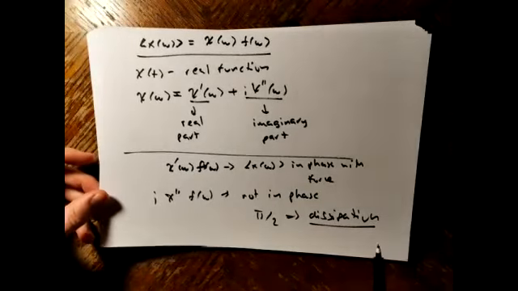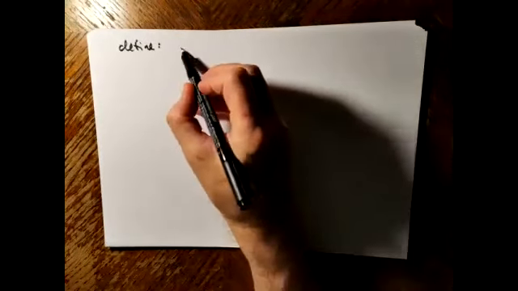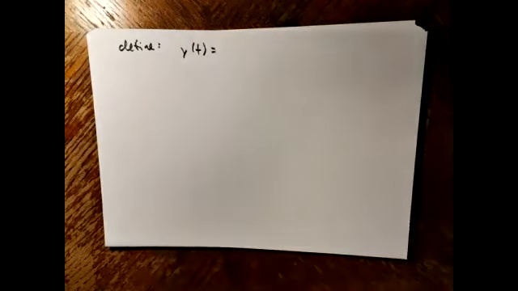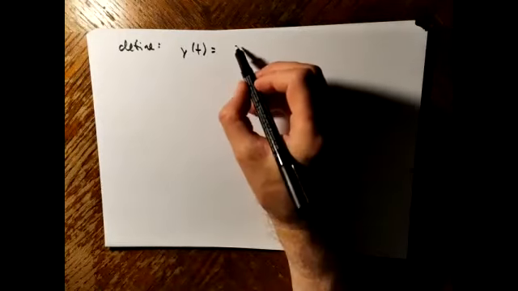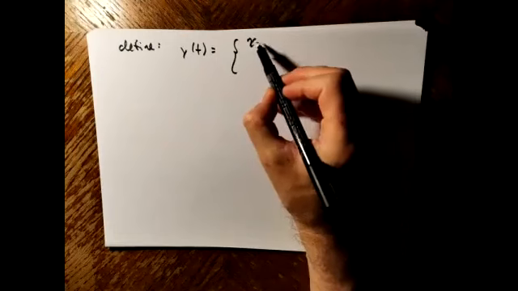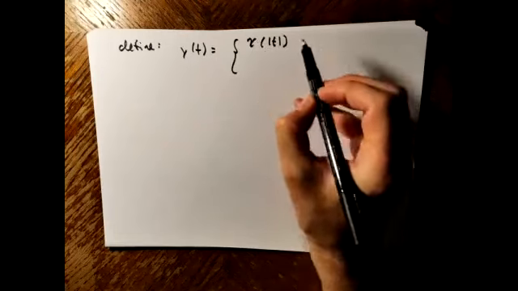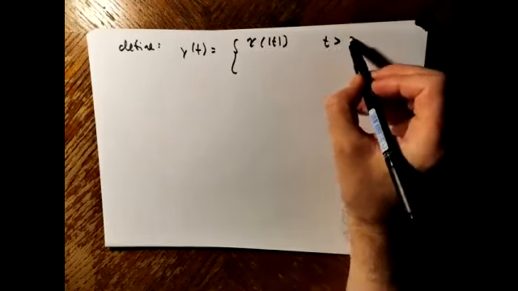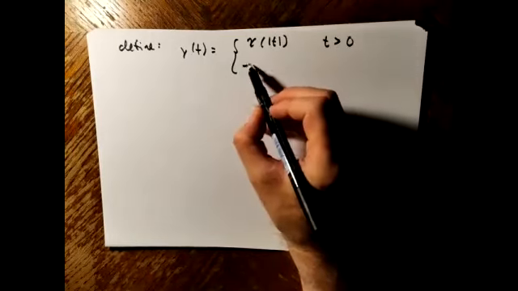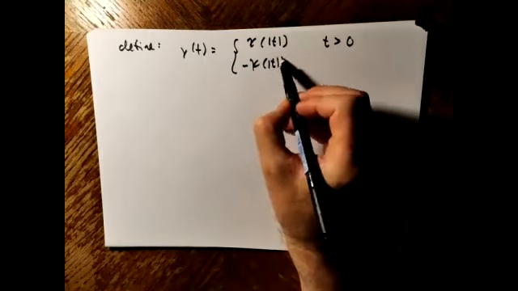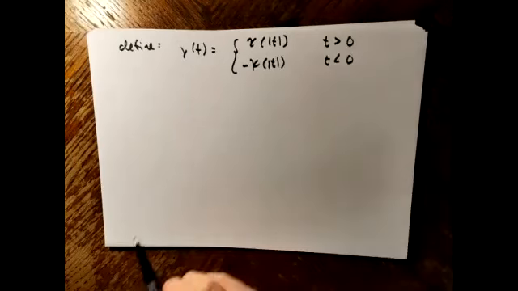Now what we want to do is investigate how these two are related, and the way we're going to do it is to first define a function y of t. What is this y of t going to be? It's going to be chi of t when t is greater than 0, but minus chi of the absolute value of t when t is smaller than 0.